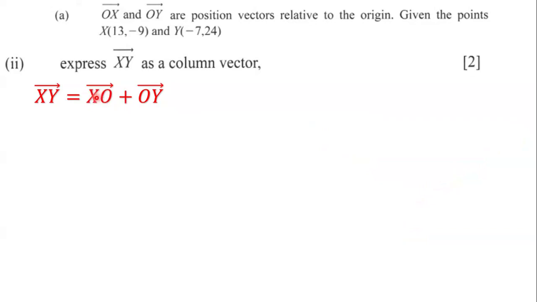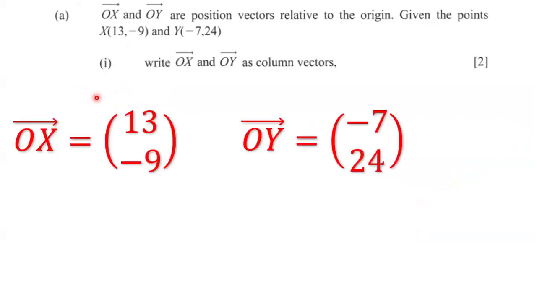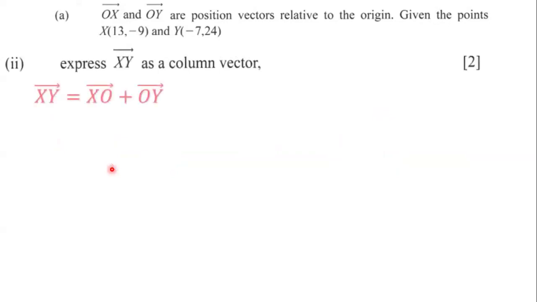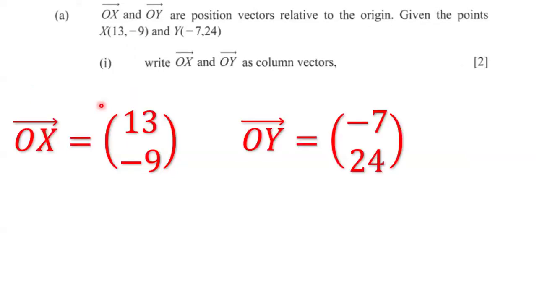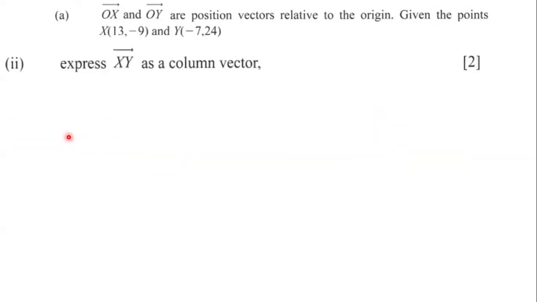What we do know is what OX is. But what we can do is just switch the letters, because we know what OX is, and if we have OX, then we can substitute it. And so that would be helpful.